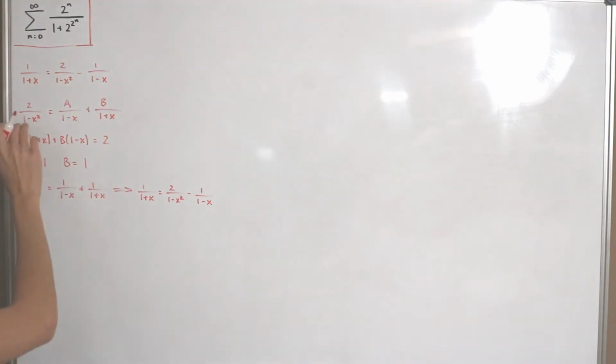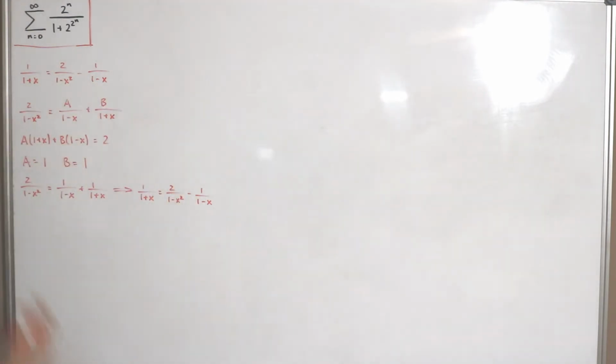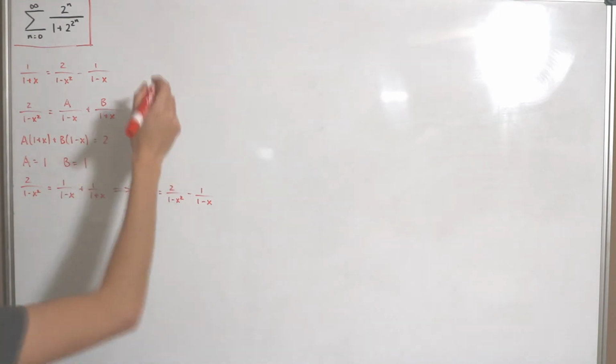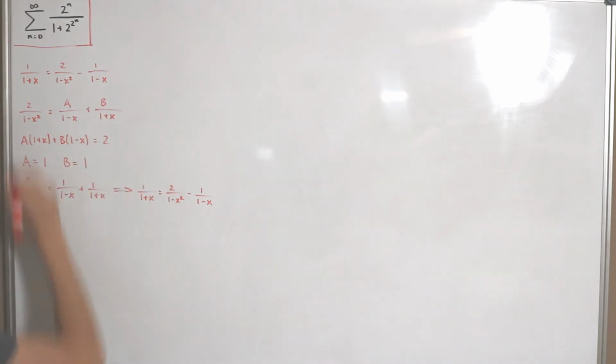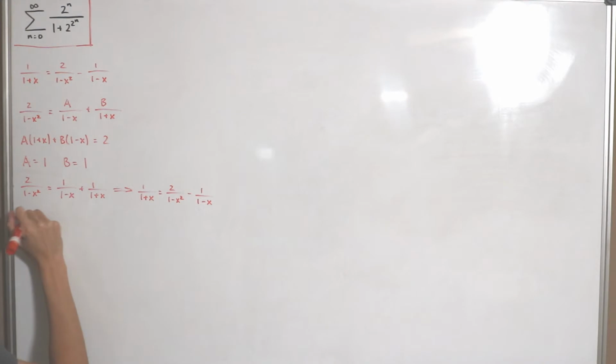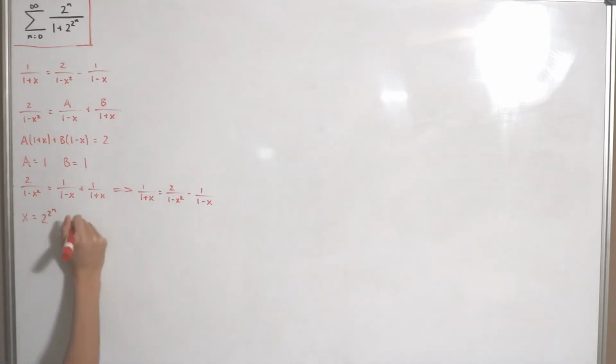It's just considering a function, but this function will work, as you'll see later. Now let's do a little substitution: let x equal 2 to the power 2 to the power n.